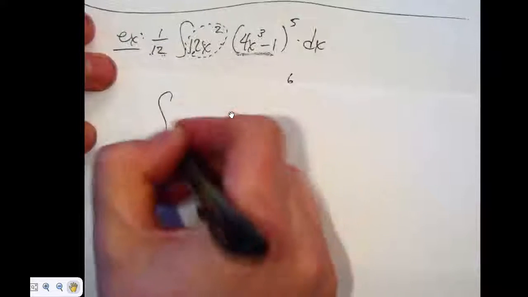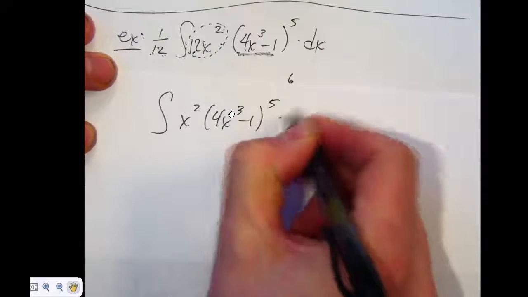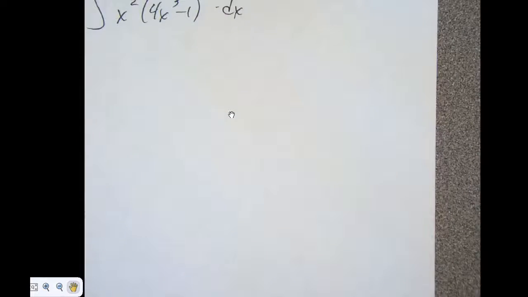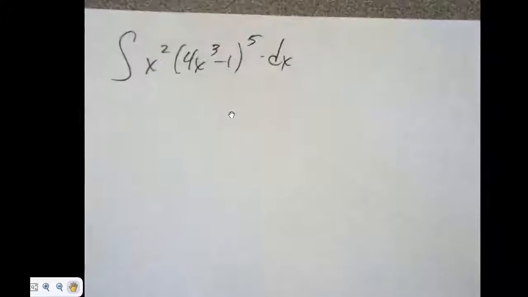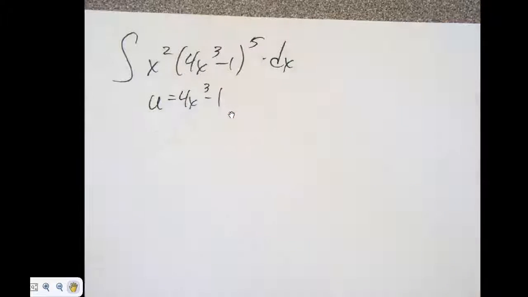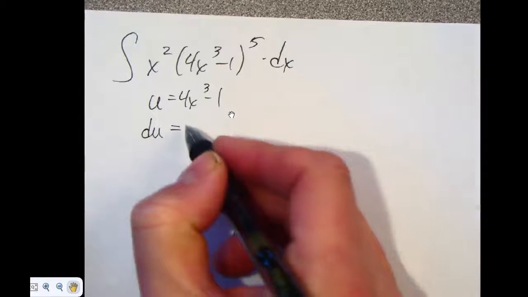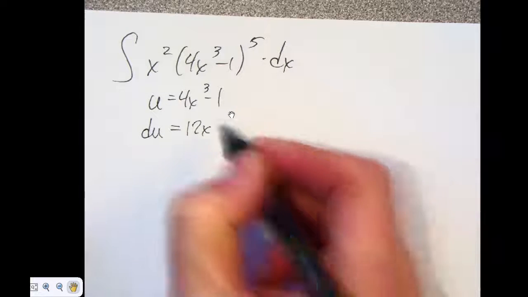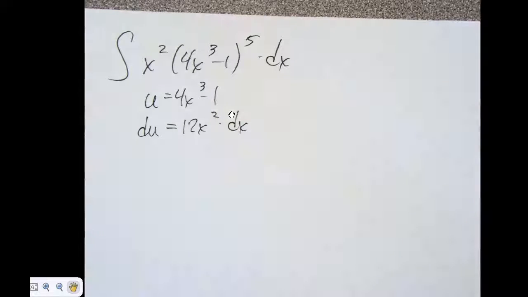So it was the integral of x squared times (4x to the third minus 1) to the fifth. What would U be equal to? The little guy, right? 4x to the third minus 1. du would equal 12x squared times dx. Agree?